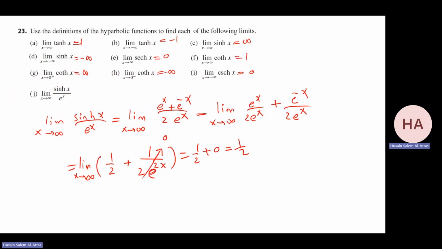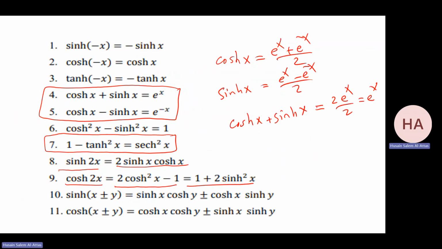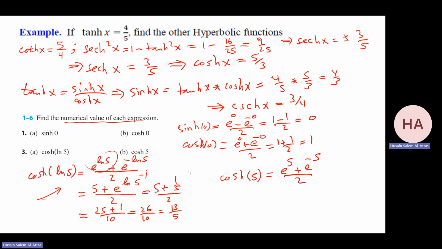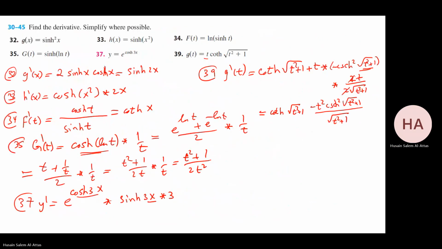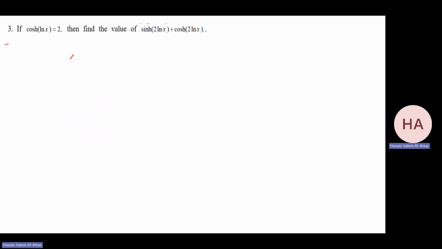Look at the formulas again. We have these formulas, 4 and 5: cosh of anything plus sinh is equal to e to the power of that thing. So I have this equal to e to the power 2 ln x, which is x squared.